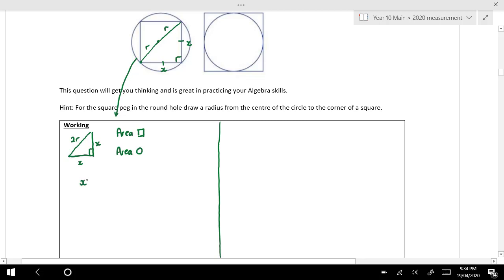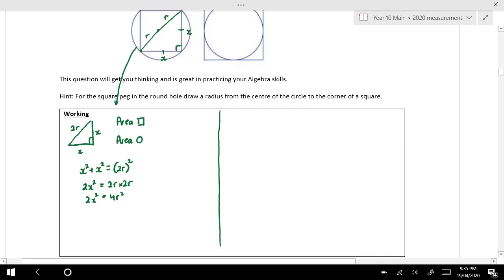We've got the two shorter side lengths squared, x squared plus x squared is equal to, let's use brackets, (2r) squared. So x squared plus x squared is 2x squared, and (2r) squared is the same as 2r times 2r, which is going to be 4r squared. Now, dividing both sides by 2 is going to give us x squared is equal to 2r squared.